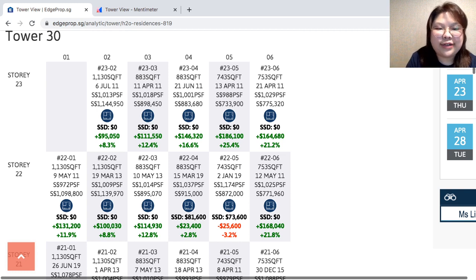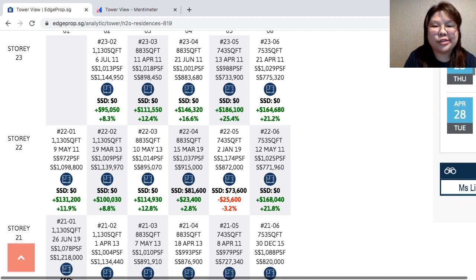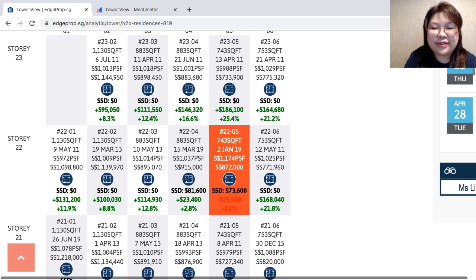In the first row, you can see all these people are already past the Seller's Stamp Duty period of 3 to 4 years. And on the 22nd storey, there's one unit, 2205, that still has to pay Seller's Stamp Duty of about 37,600 because they are still within the last 3 years.